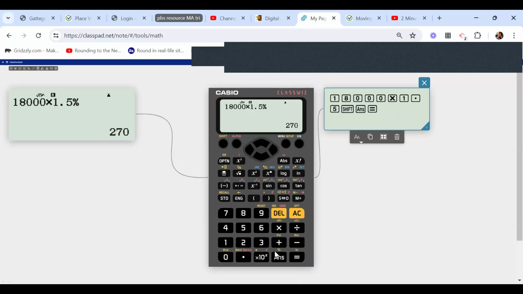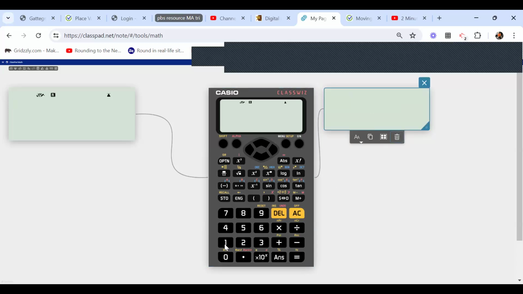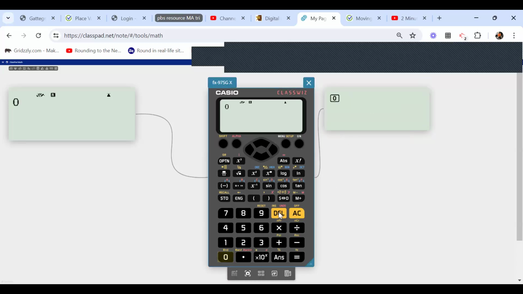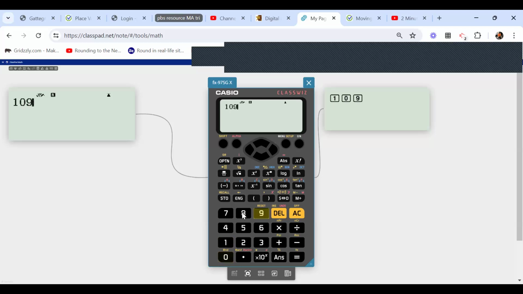1098 times 15, then press percent. You need to know how to press this on your calculator.